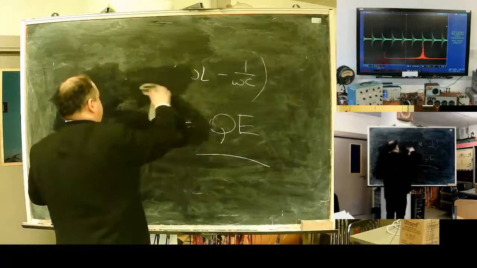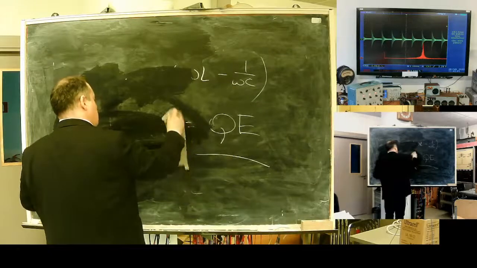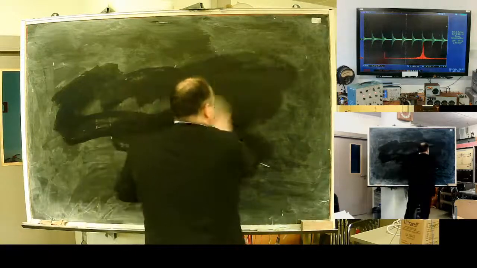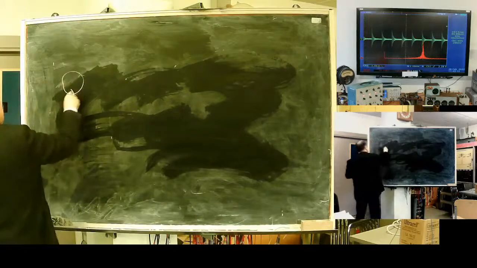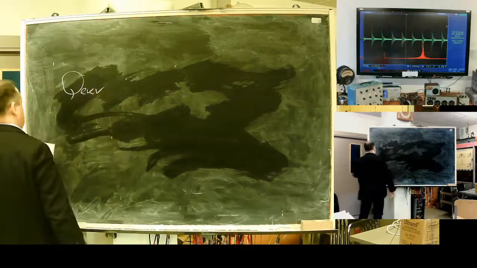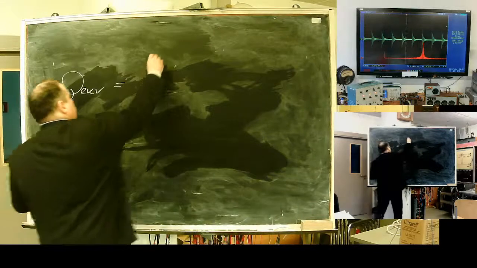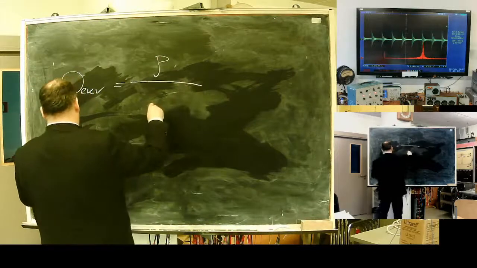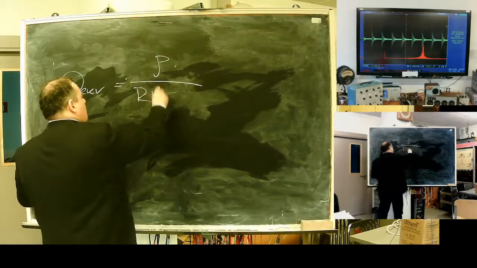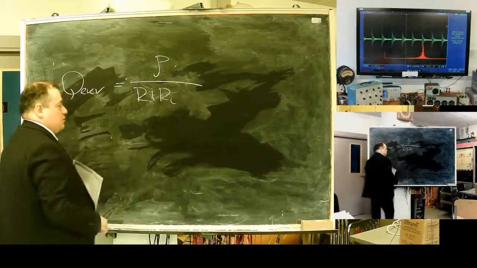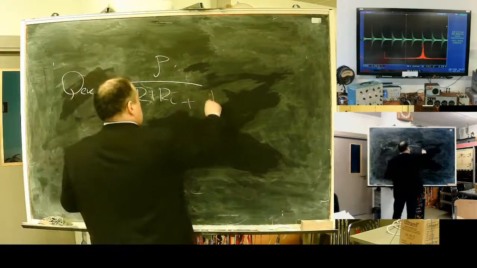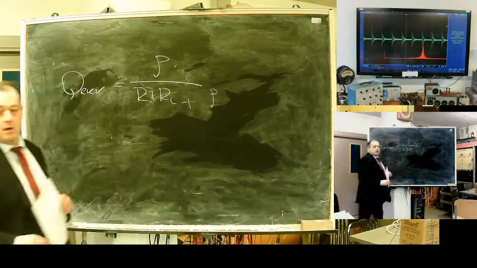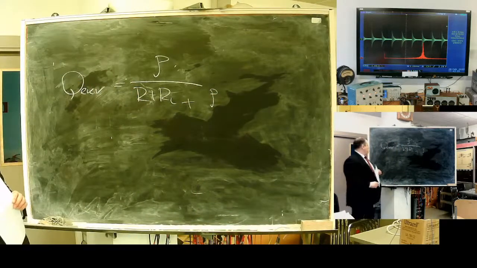But don't forget what equivalent quality will be: characteristic resistance plus internal resistance of the source plus Professor, what is it, minus 1 over omega C? Isn't it plus 1 over omega C?